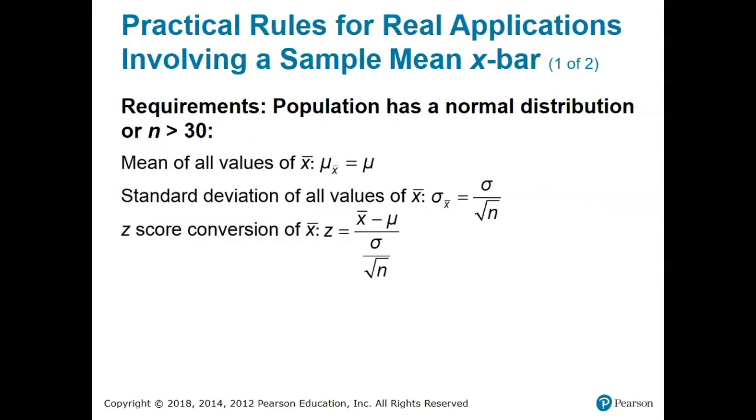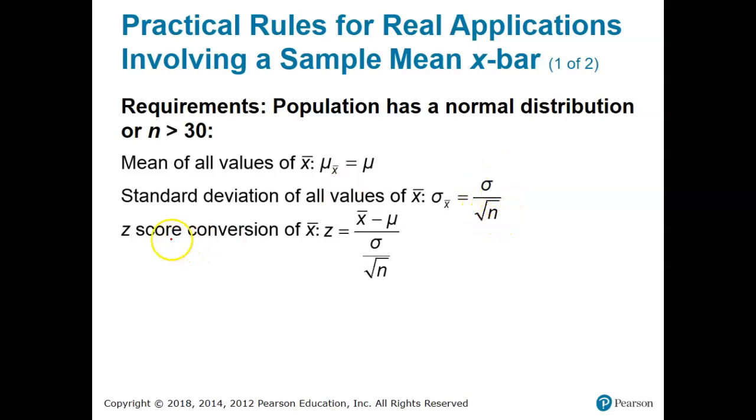The practical side of this is, if you have a population that has a normal distribution or a large sample, which by large we mean n greater than 30, then we know that our mean of the sample means is equal to the population mean, and we know that the standard deviation of all values of x bar is going to be sigma divided by the square root of n.